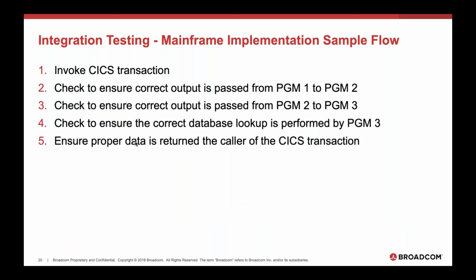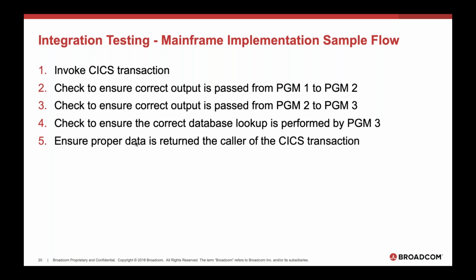A quick sample flow for what this integration test might look like. You would start off by perhaps invoking the CICS transaction. You would check to make sure that the correct output is passed from program 1 to program 2, and then the same from program 2 to program 3. Then check to ensure that the correct database lookup is actually performed by program 3.